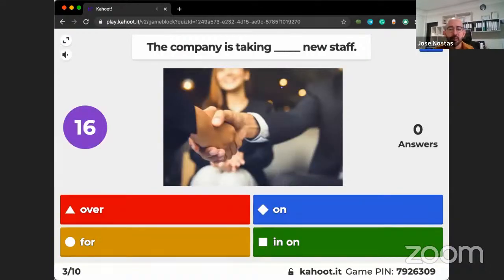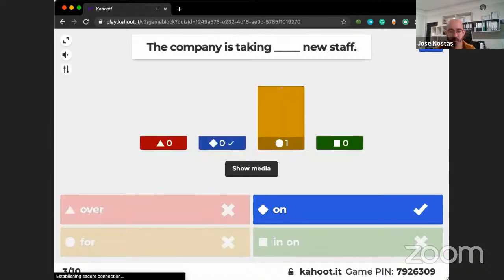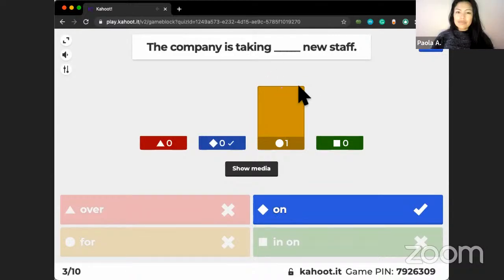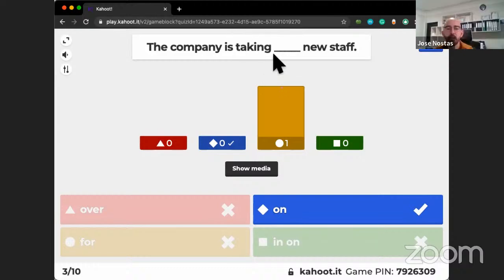The company is taking on new staff. So take on, or taking on, or it could be past tense, took on.